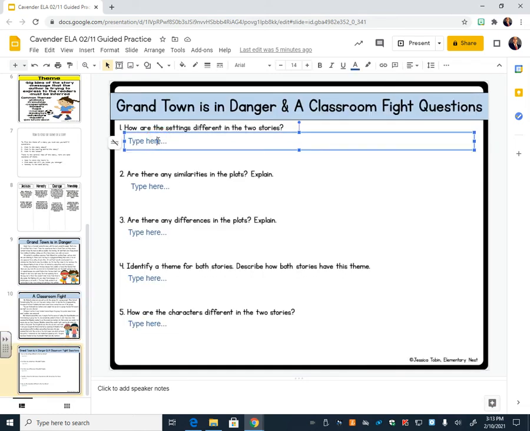So, we're going to say Grandtown is fantasy. And how do we know that? The superheroes.